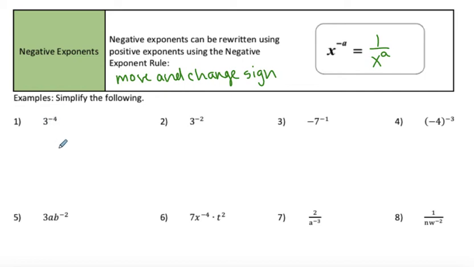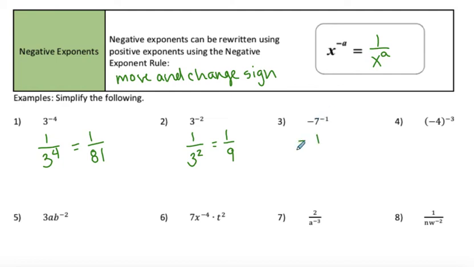So 3 to the -4, we can move it and change the sign of the exponent and simplify if we want, 1 over 81. Move, change the sign of the exponent, simplify if we want, 1 over 9. This negative doesn't apply to the 7, or I'm sorry, it applies to everything here, but this -1 only applies to the 7.